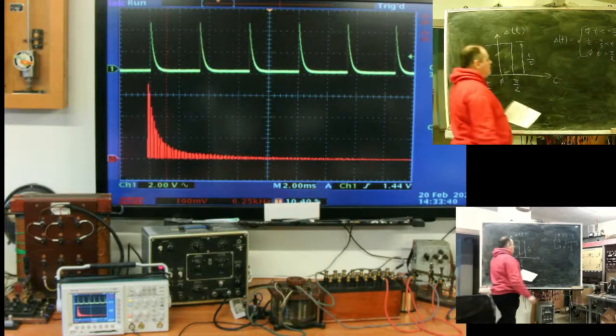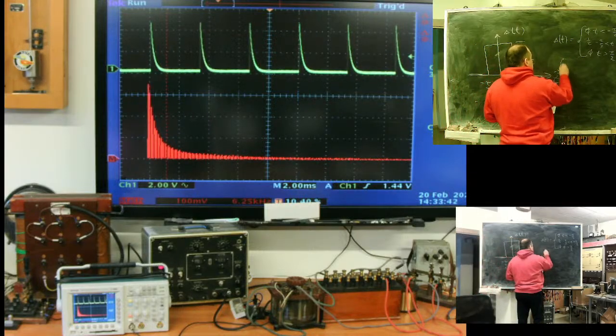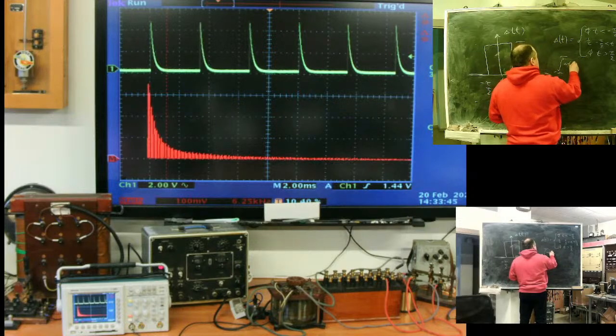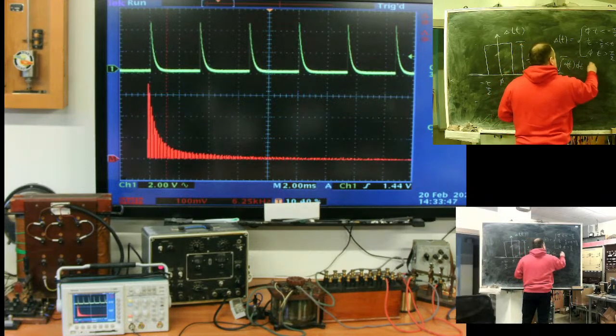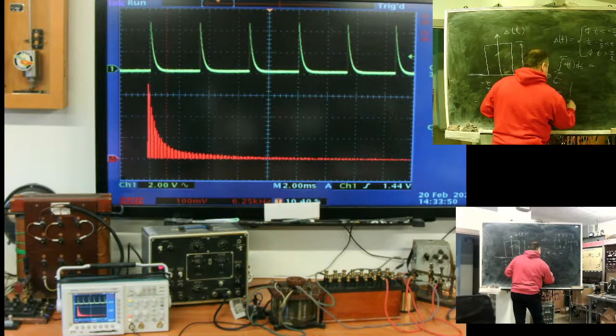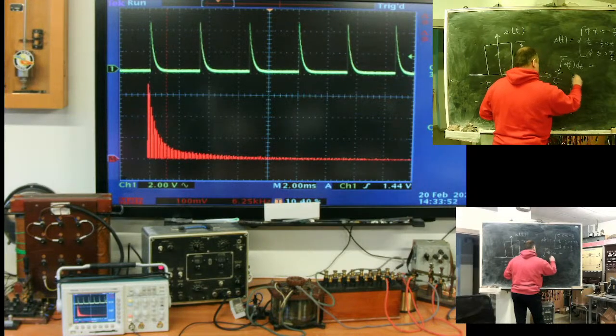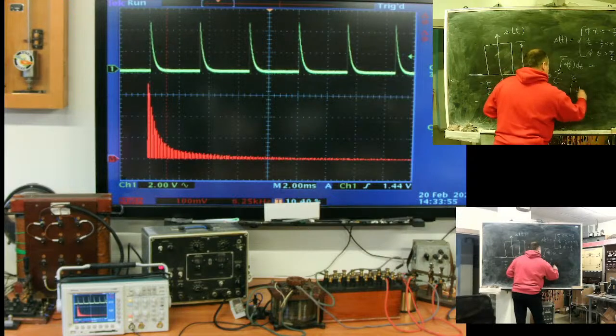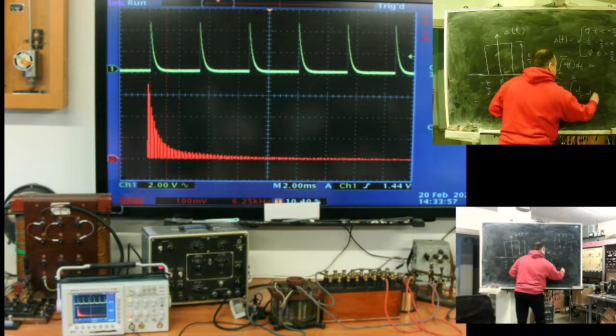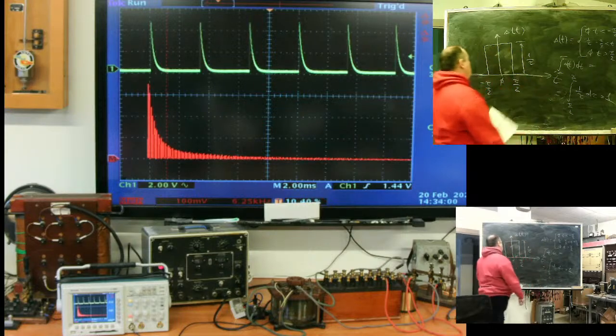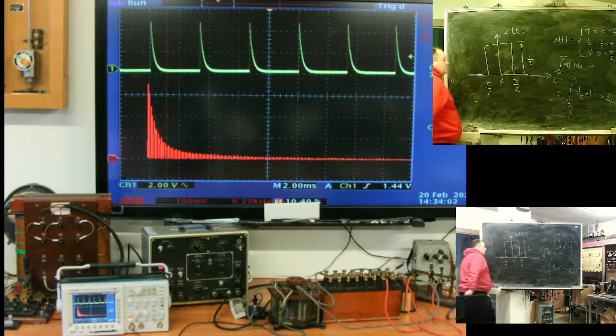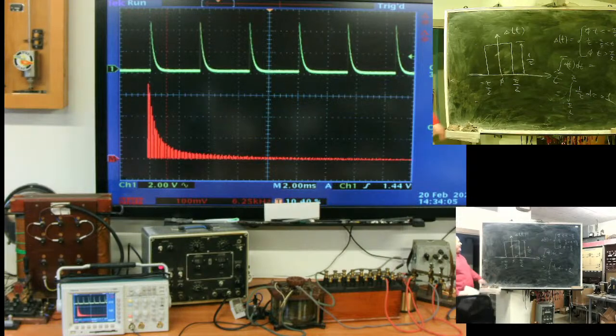The area of this rectangle, going from minus infinity to infinity, equals the integral from minus tau by half to tau by half of 1 over tau, which is 1. Okay, it's a rectangle. So the area of this is 1.